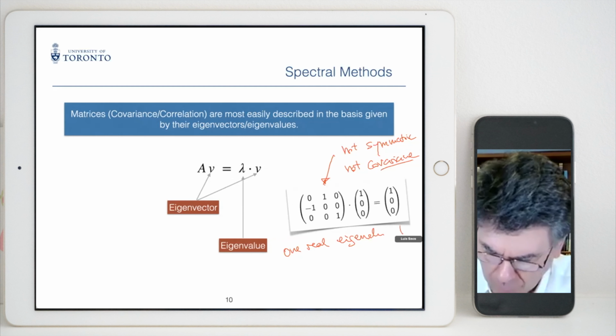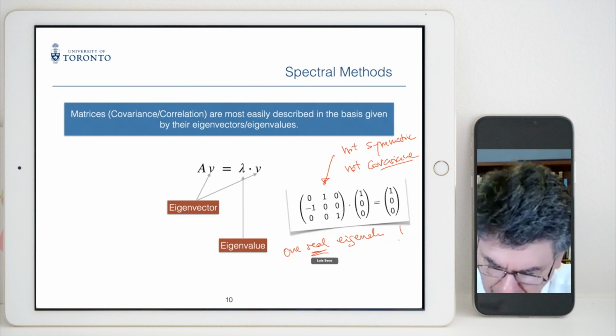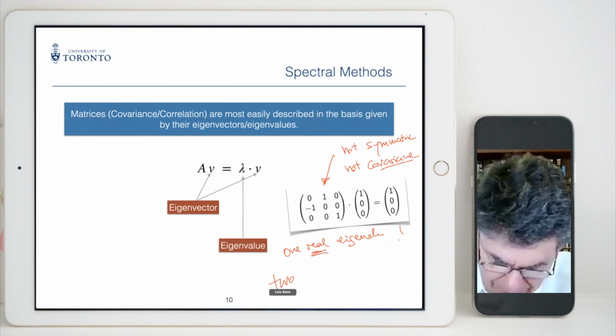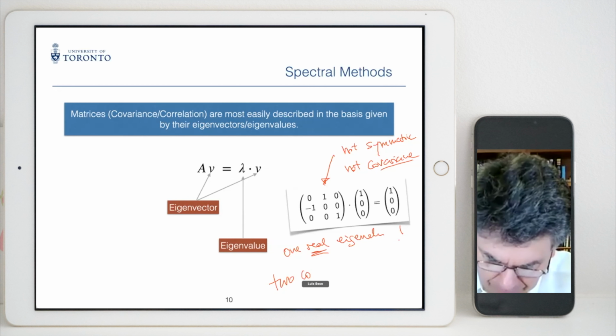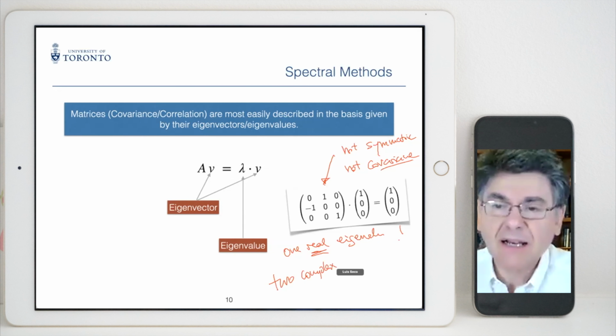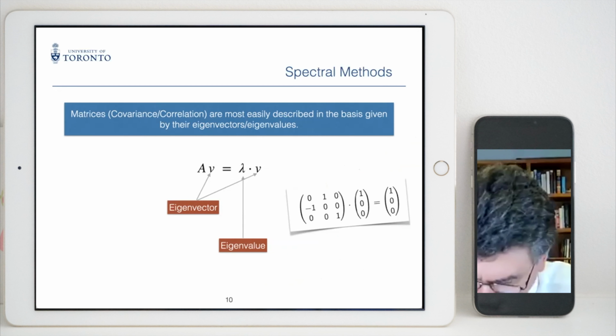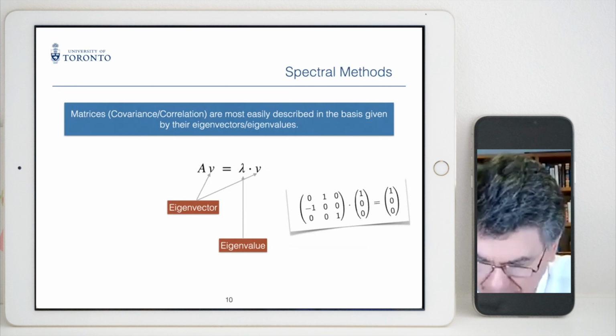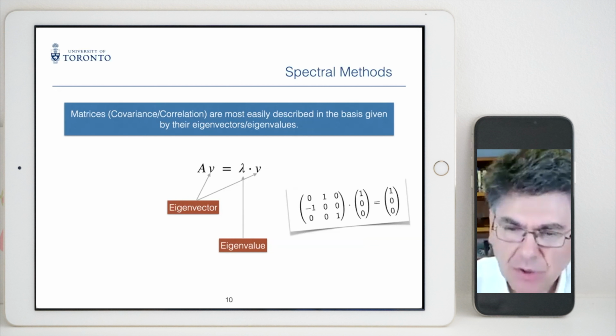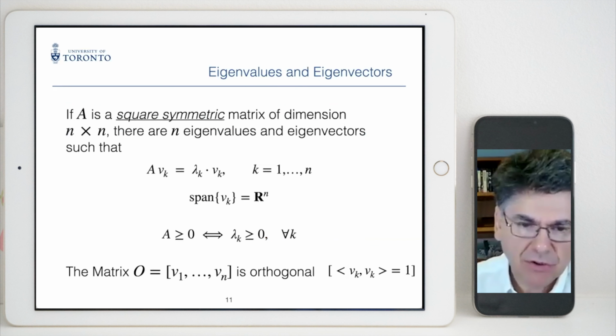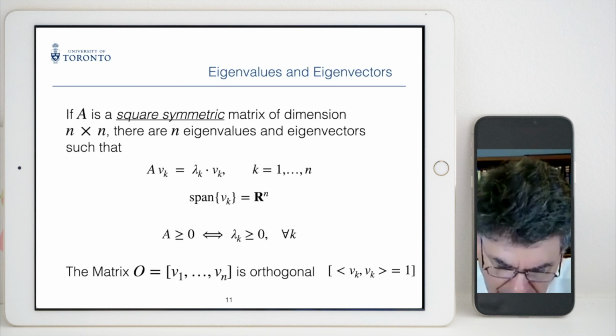It has two complex eigenvalues. Complex eigenvalues are not going to be useful to us in this method of simulating markets. But it's okay because when my matrix is square and symmetric, I have all of them. I have n eigenvalues and eigenvectors.